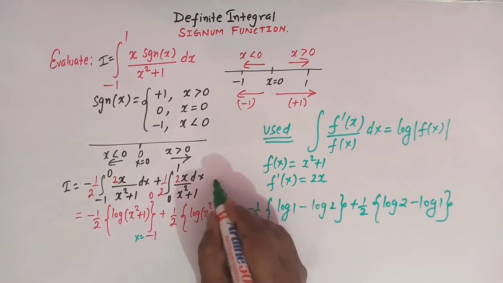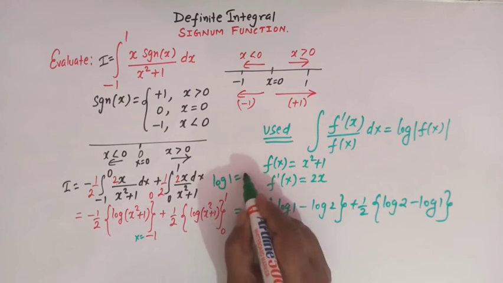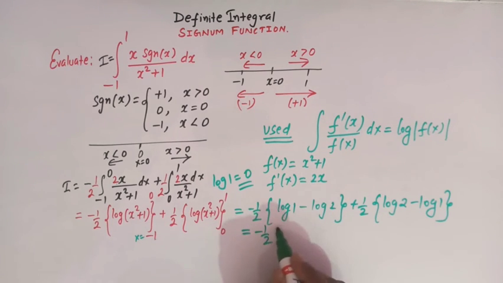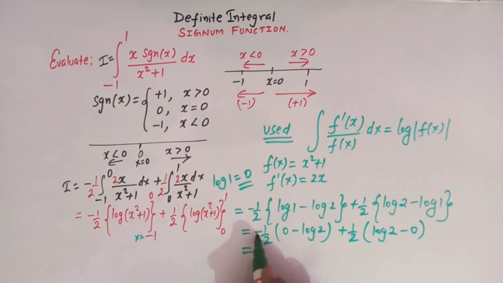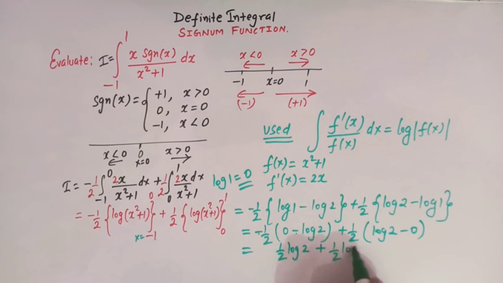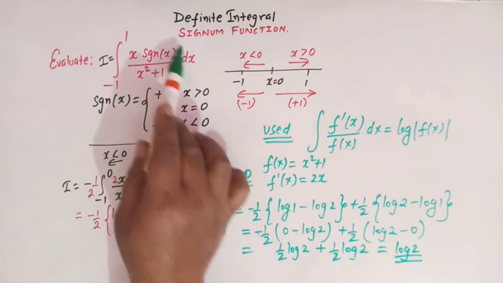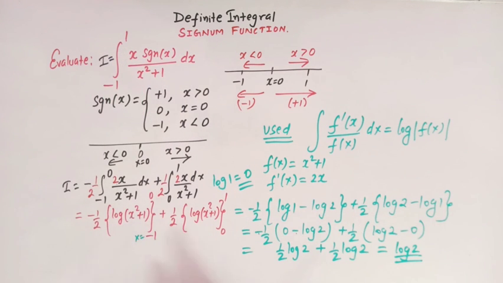Now we know that log of 1 is simply 0, so we have minus half times 0 minus log 2, and here we have half times log 2, and log 1 is 0, and minus times minus is plus, so we have half log 2 plus half log 2, right? And half log 2 plus half log 2 is simply log of 2. So viewers, the value of this integral involving the signum function is equal to the logarithm of 2.